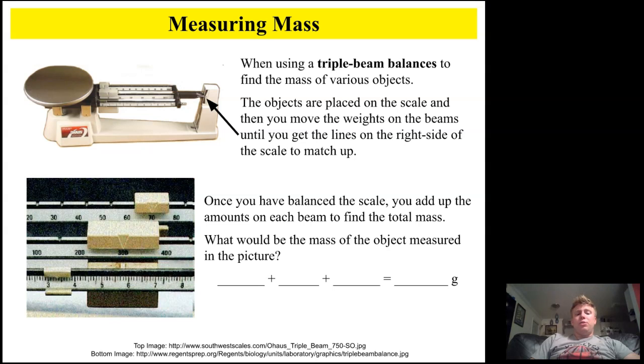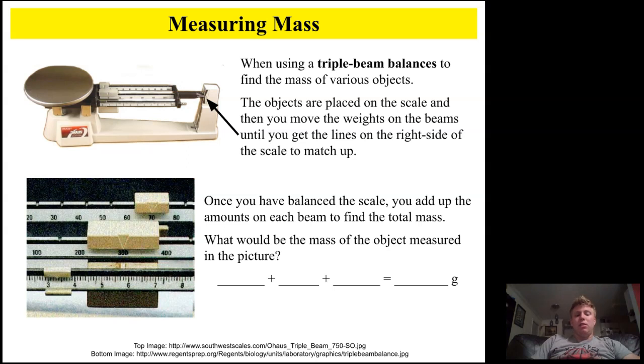All you do is you take the different masses, and it's always in grams, and you set it to where the line balances next to the arrow on the scale on the far right-hand side. Once you have balanced the scale, you add up the amounts on each beam and find the total mass.